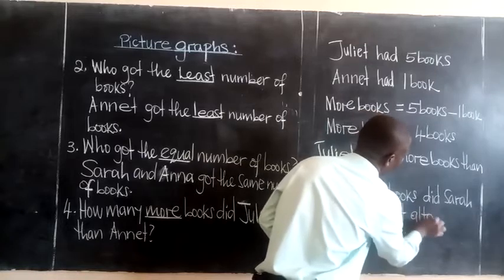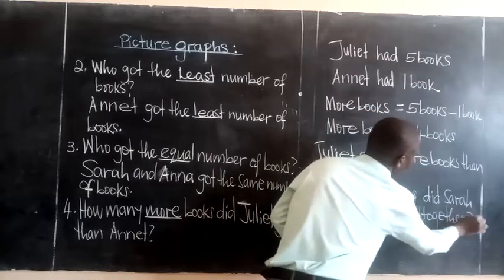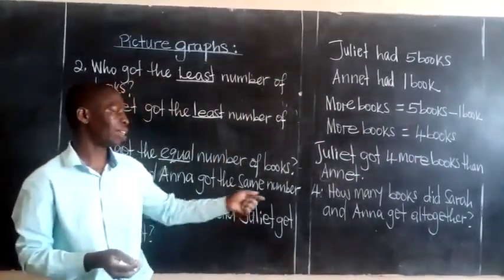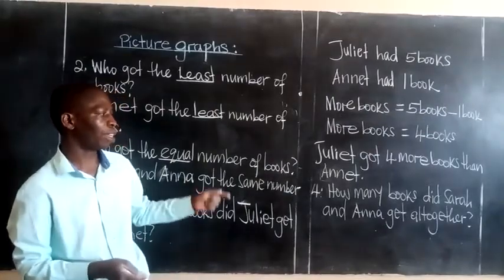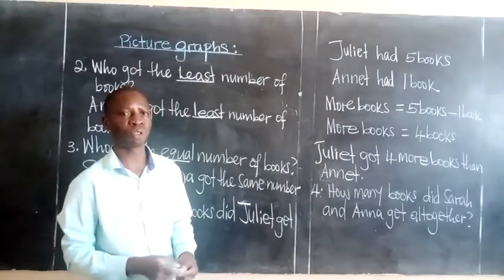All together. So all together means total. So you will add and get the total. You will add the books that Sarah got and Anna got, then you find the total.